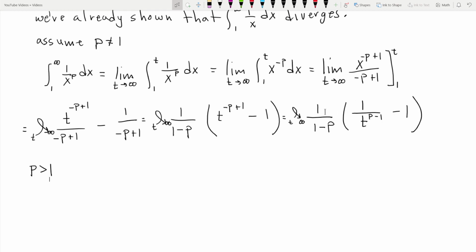And that's going to leave me with minus this term here. So, p is greater than 1, then this is going to be negative 1 over 1 minus p, or 1 over p minus 1. All right, so it's going to converge, and it's going to converge to 1 over p minus 1.